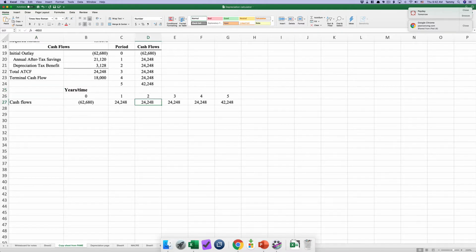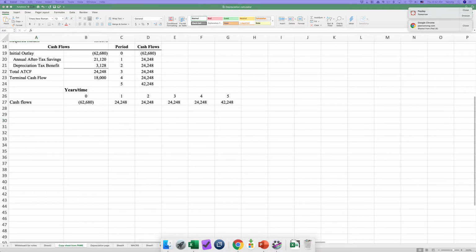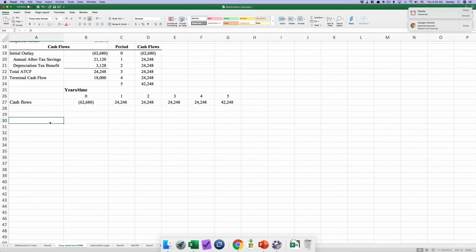So what we want to get at here is to see what the net present value is of these cash flows at different discount rates. We want to make a little table here that shows the discount rate and the net present value associated with that discount rate. Because of course the present value is going to change depending on what discount rate we use, right?